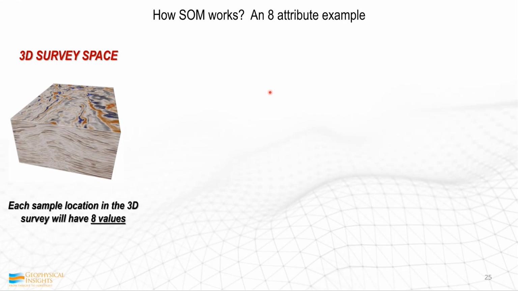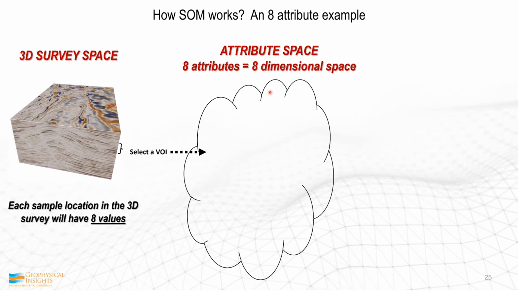In survey space, each sample will have 8 values in the 3D survey, 1 for each attribute. SOM works in attribute space, so we take our subvolume of interest, usually the stratigraphic interval we're most interested in analyzing, and put that into attribute space. Now we're in 8-dimensional space.